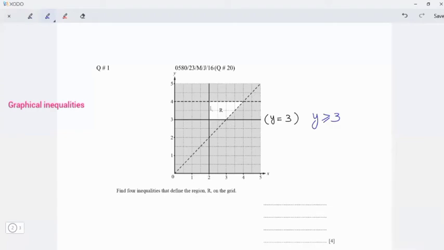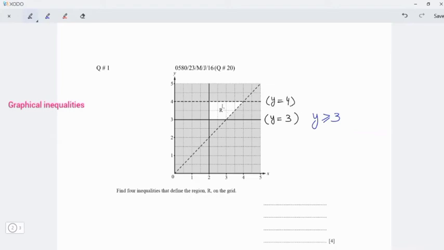So what about the other line? This is a dotted line, and we don't have to put an equals sign in our final inequality answer. To start, we need to write down the equation of the line so that we can work from it. So what is the equation of this dotted line? It is passing through 4 on the y-axis, and the equation will be y equals 4.